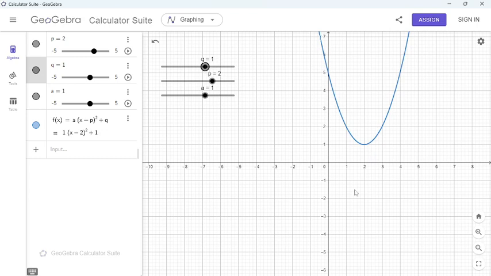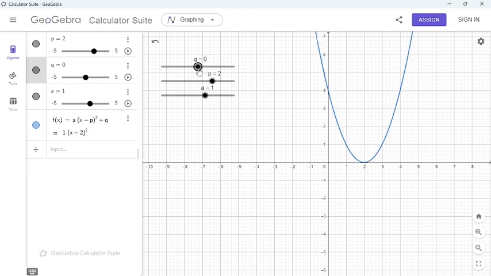So this graph is not cutting the x-axis. It means it has no roots. But then if you want the graph to have roots, we can shift the graph down. Now here, when the graph is here, it has equal roots, but we'll get into more detail when we're doing the nature of the roots.